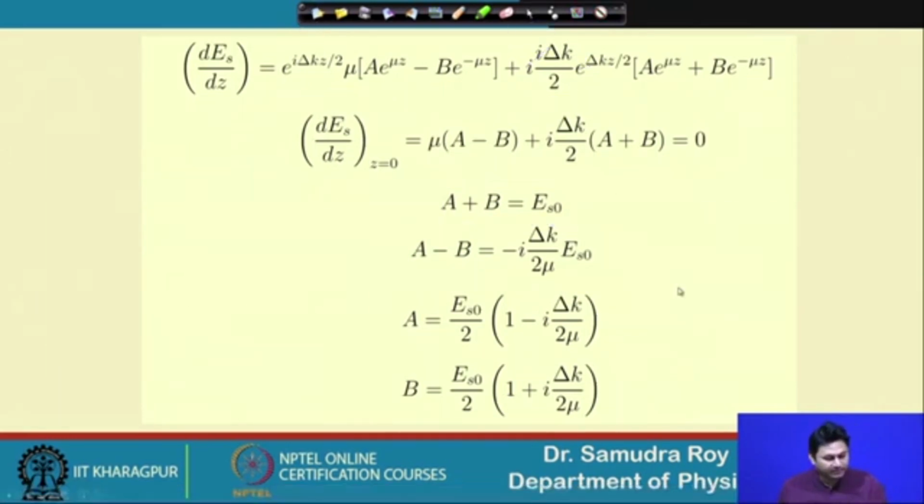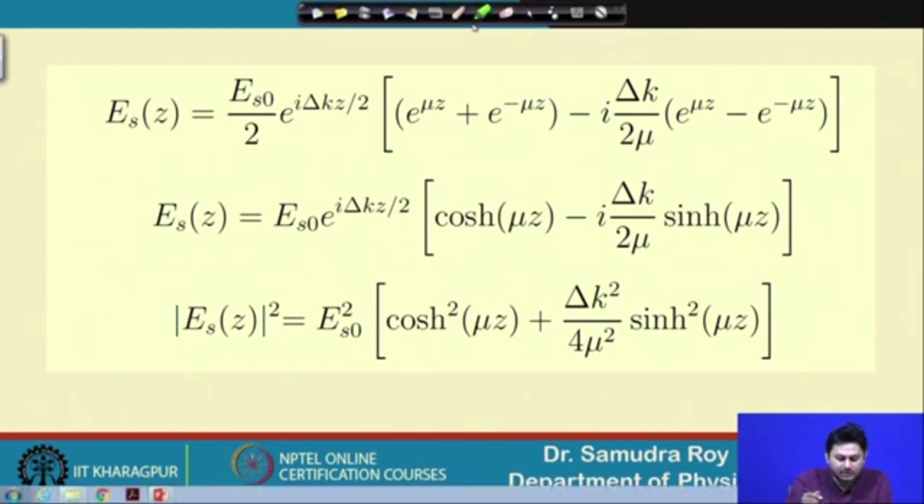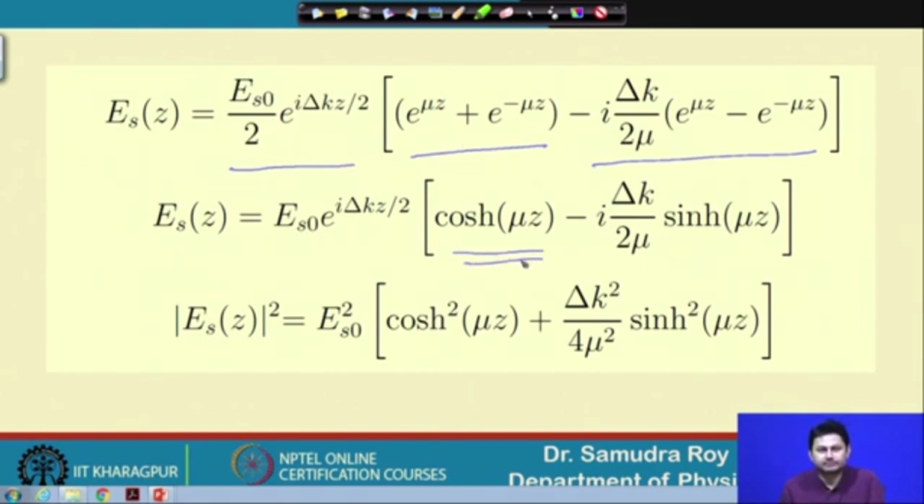Once I figure out A and B, the next thing is to put these values in the total signal field E_s. It simply comes out to be exponential mu plus exponential minus mu and this. If I take common and put these two inside, then it will be cosh of mu z as the first contribution, and the second contribution will be sinh of mu z.